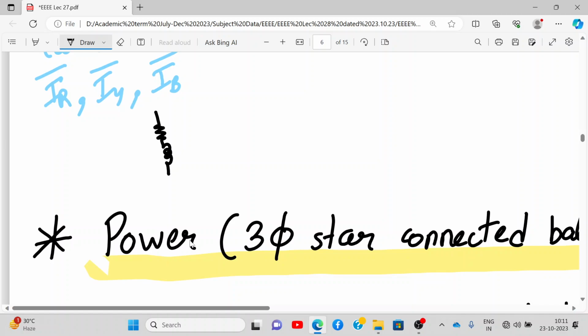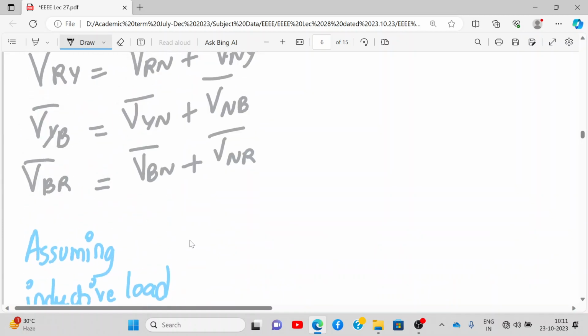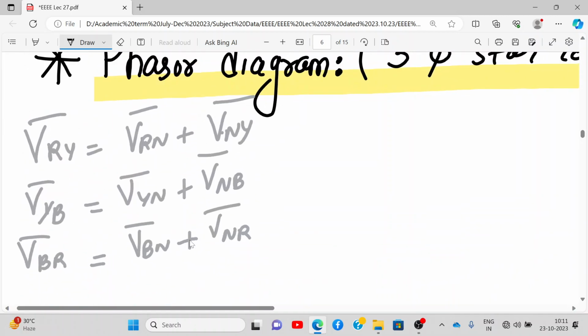Inductive will be an RL load practically, because an inductor coil has a resistance. So this load is like this. Okay, this is the RL load, and this we call Z phase. So what will be Z phase? R plus jXL. Are you getting it? That's the meaning of inductive load.